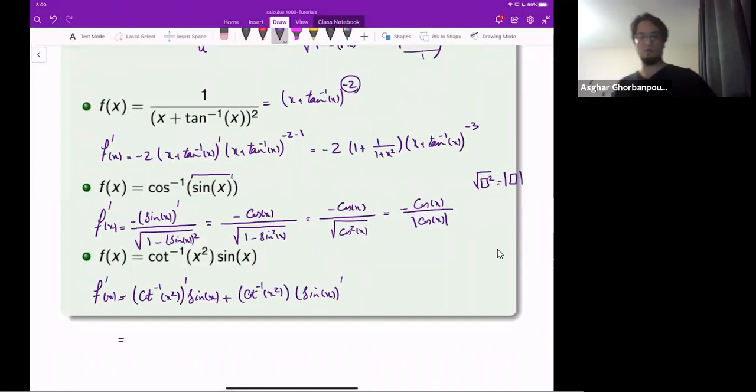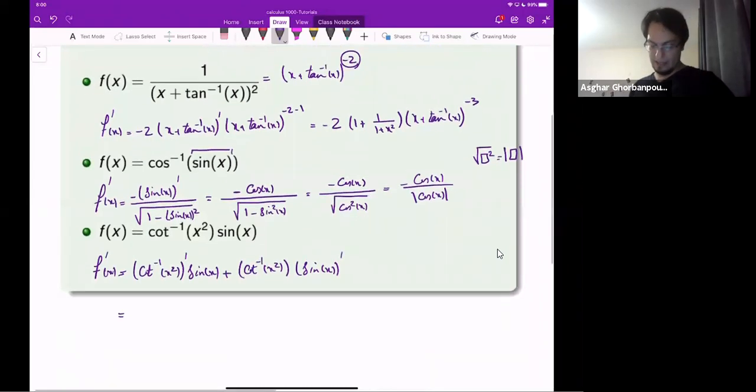Cotan inverse, we want to find the derivative of cotan inverse of x squared. This is u. So it will be minus u prime over 1 plus u squared times sine x plus cotan inverse x squared. Derivative of sine x itself is cosine x.